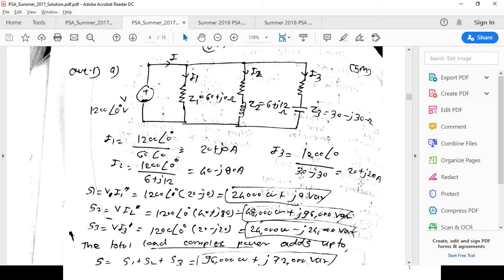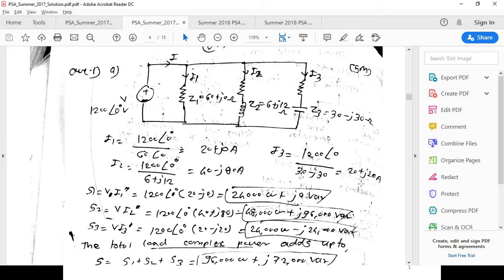Also we have the voltage which is supplying loads 1, 2 and 3 respectively. Therefore, the complex power consumed by load 1, that is S1, is equal to V into I1 star.